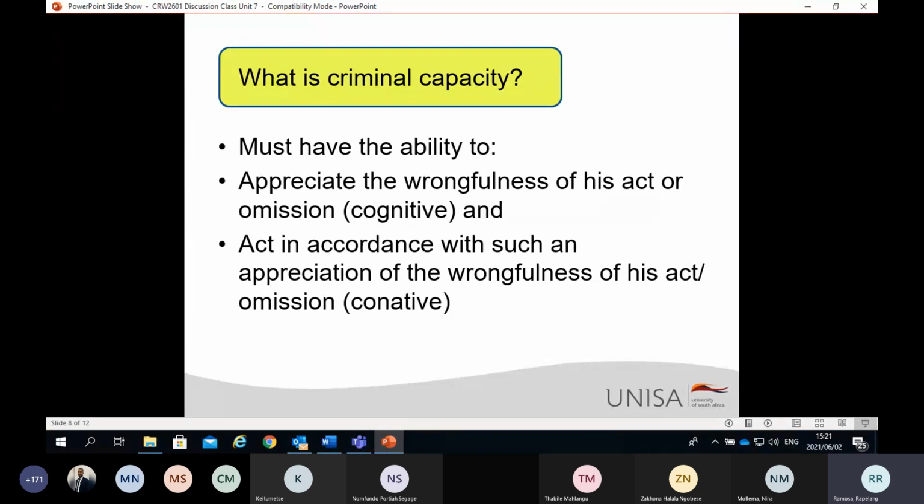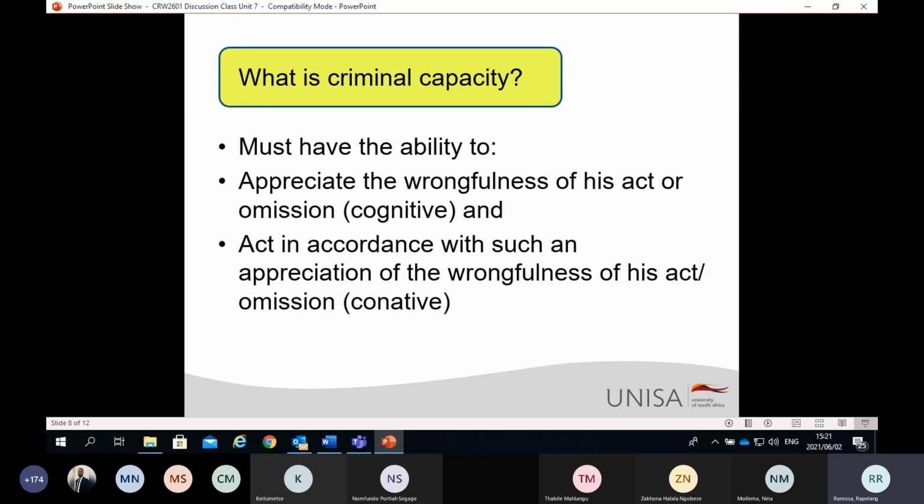Now, students sometimes confuse the second leg of capacity, which is the cognitive leg, the ability to act in accordance with an appreciation of wrongfulness. Let me rephrase that.